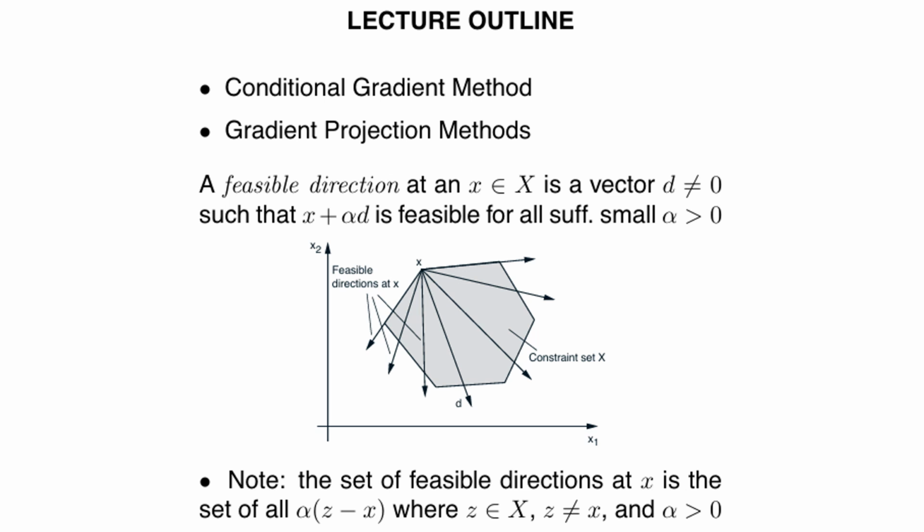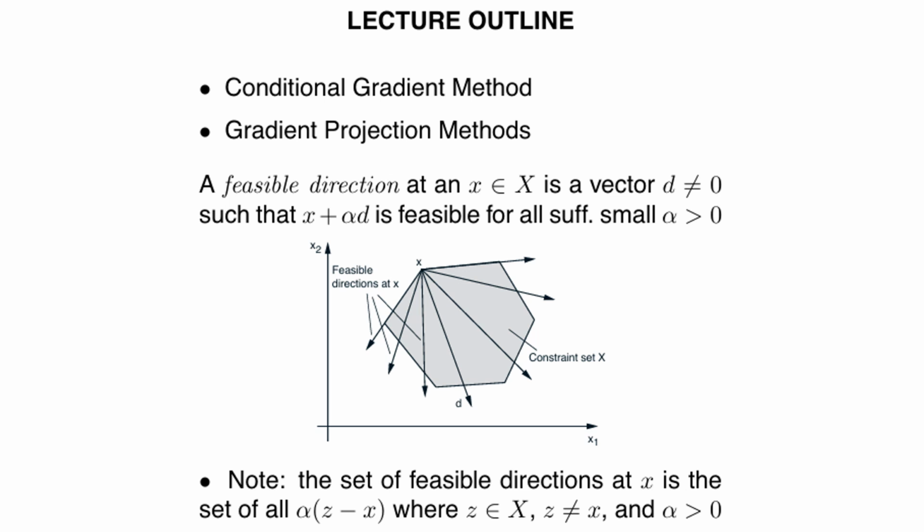Today's lecture outline is the conditional gradient method and gradient projection methods, and we are considering a feasible direction at x from set X, which is a vector d not equal to 0, such that x plus alpha d is feasible for all sufficiently small positive step size alpha.